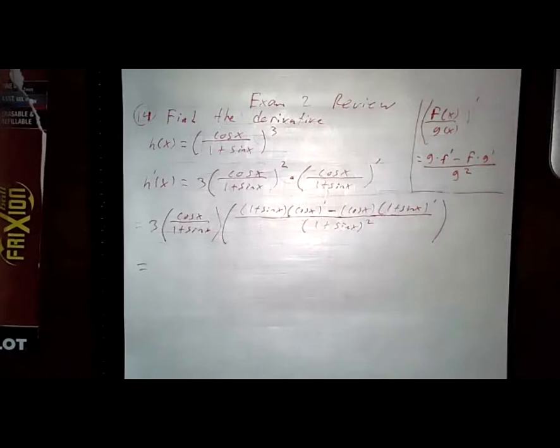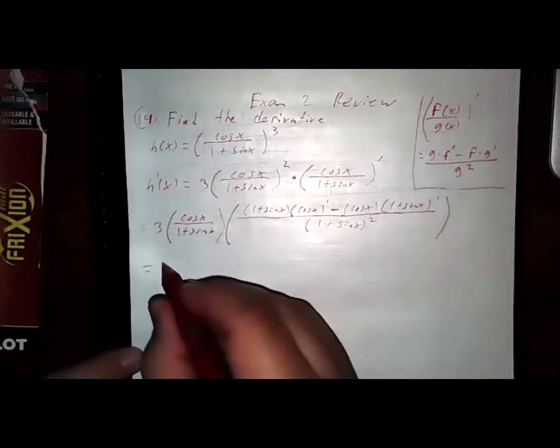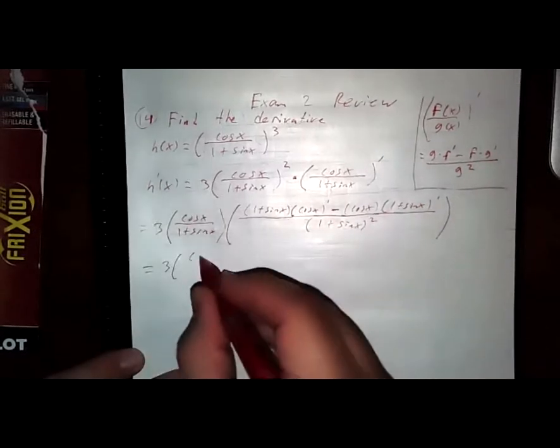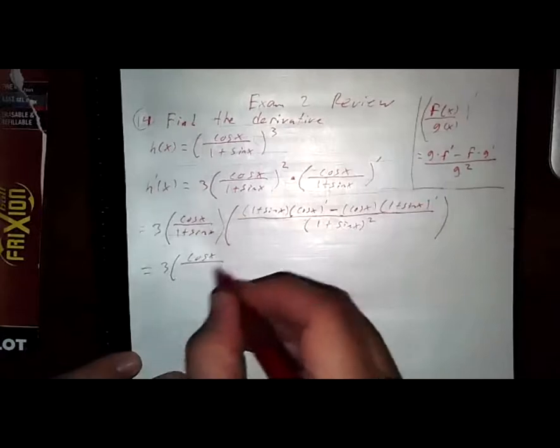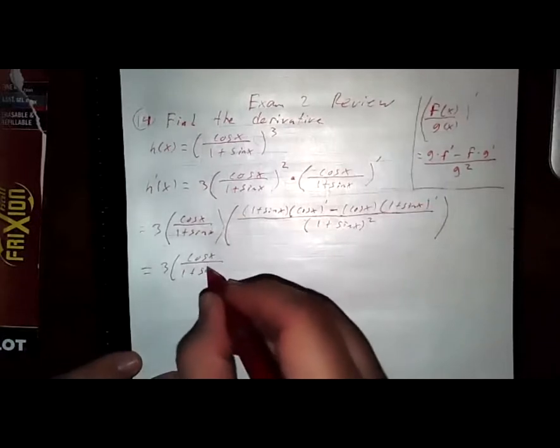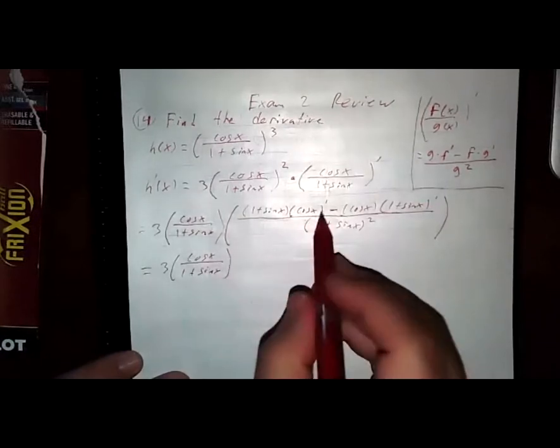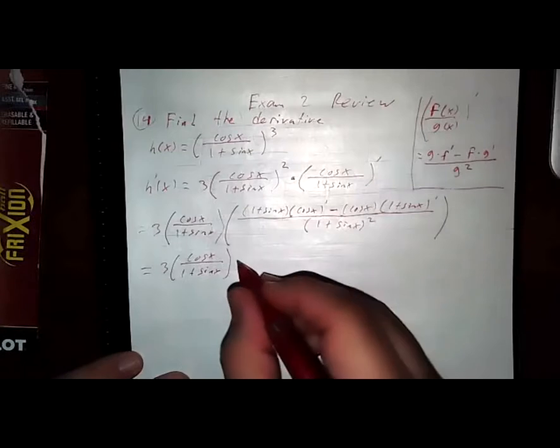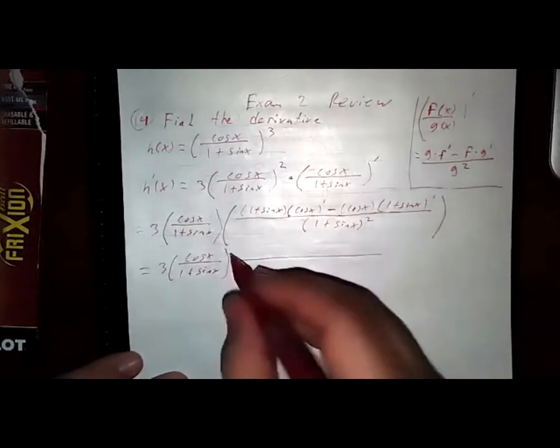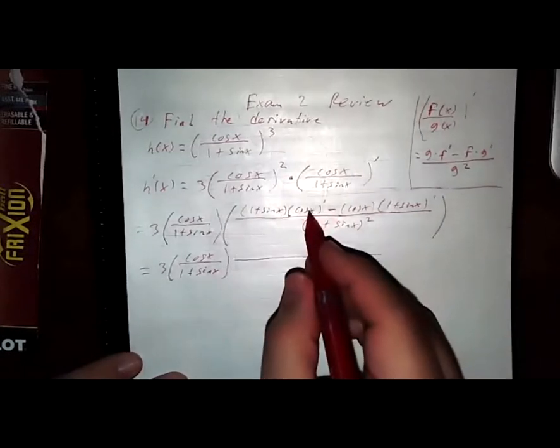Okay, so here we go. Again, this first part is going to be chilling there for later. Don't even worry about it. Derivative of cosine is negative sine, right?